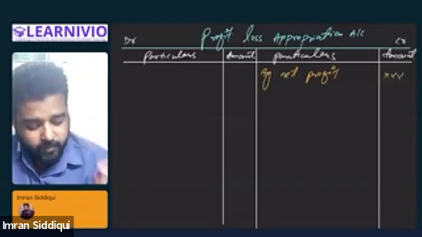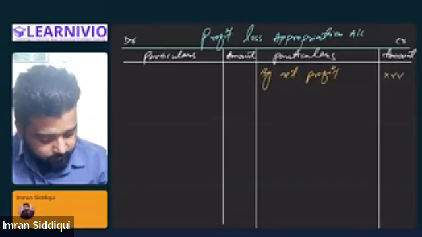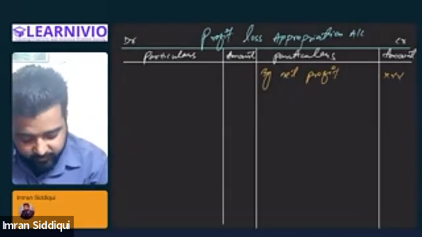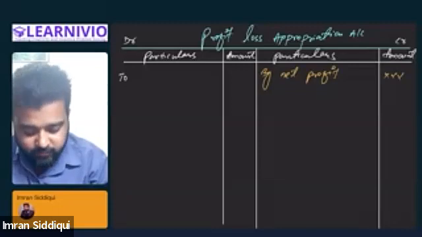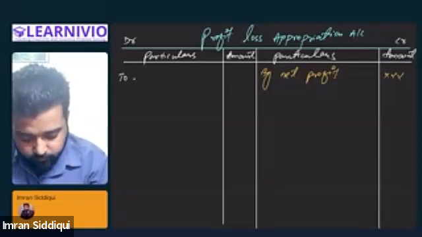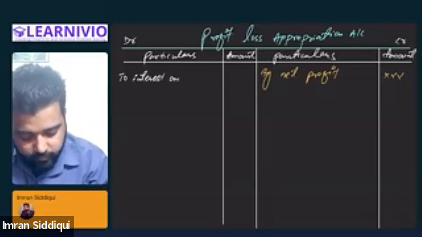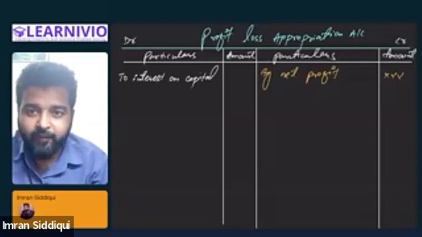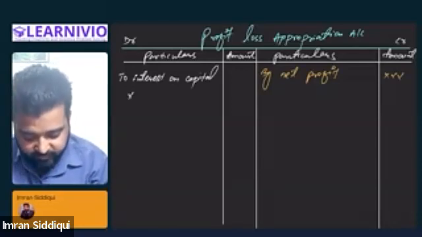Done? Okay. After that, on the debit side, we record items like the amount of interest that we have to pay to our partners. This has to be recorded on the debit side. This is written as "To interest on capital." If we have two partners, whatever interest we are paying to our partners will be recorded here.